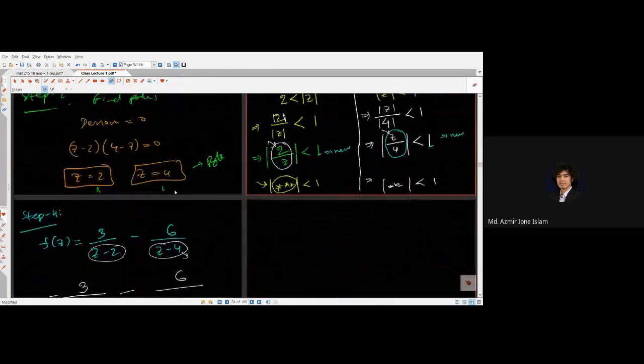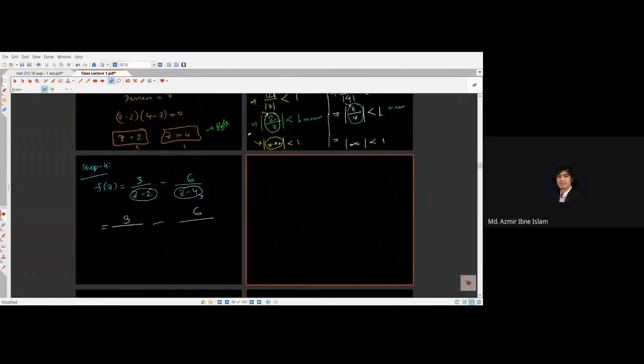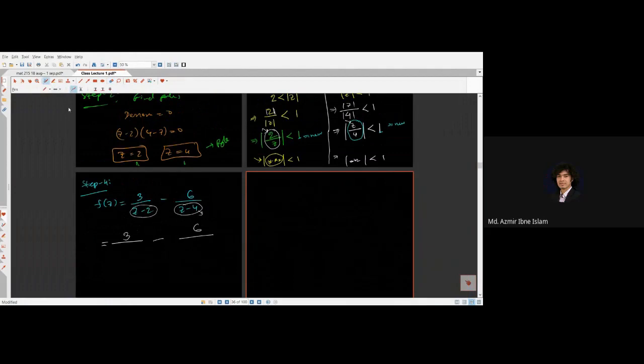Are you getting the idea? Yes, sir. Okay. So you can see that for 2, we have found 2 by z. So our target is to keep 2 by z here. So for keeping 2 by z, what should be taken as a factor? We can take z.